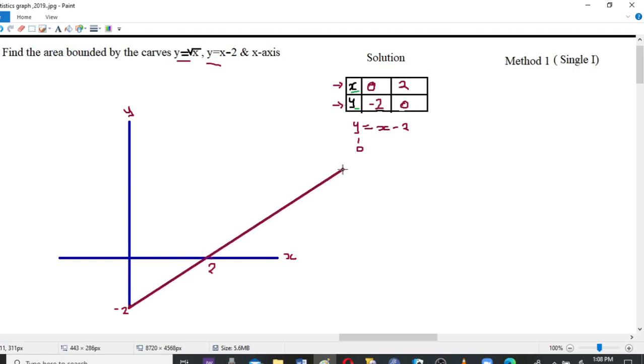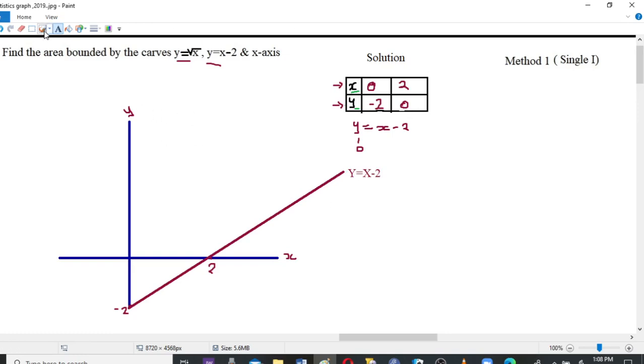Like this. All right, and the one we have just drawn here is y is equal to x minus 2. Okay, this is the graph.